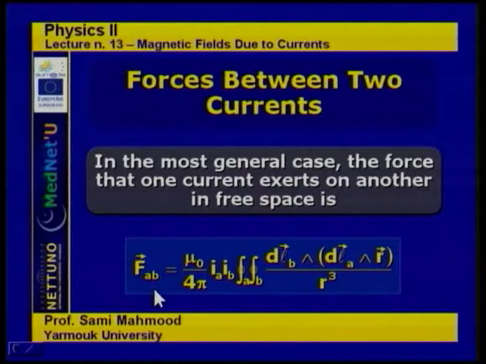This force is simply mu naught over 4 pi times the current IA times the current IB times the length of the element dLB cross the length of the element dLA cross R, which is the position vector of dLB with respect to dLA, over R cubed.